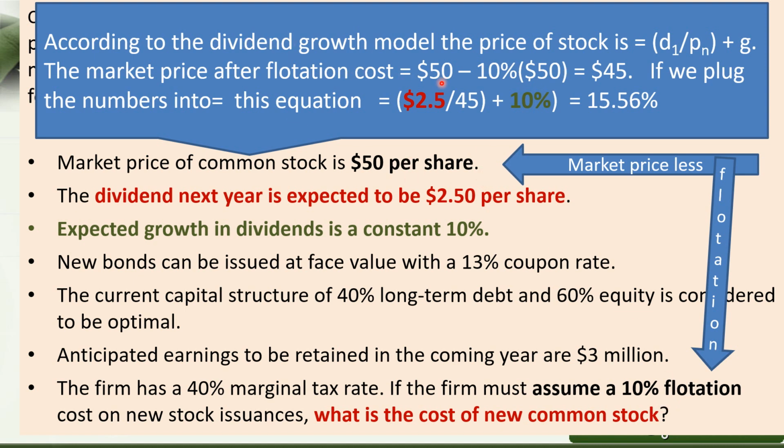So the market price after the flotation cost is $45. If you plug the numbers in, 2.5 per share divided by 45, plus the growth rate of 10%, you get 15.56%. So according to the dividend growth model, the cost of new common stock is 15.56%.